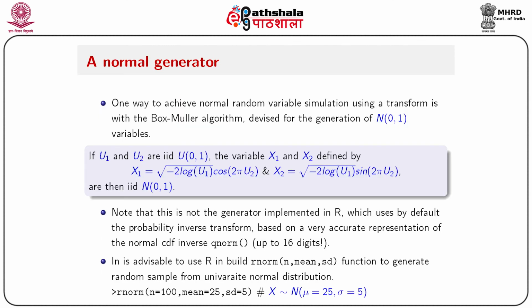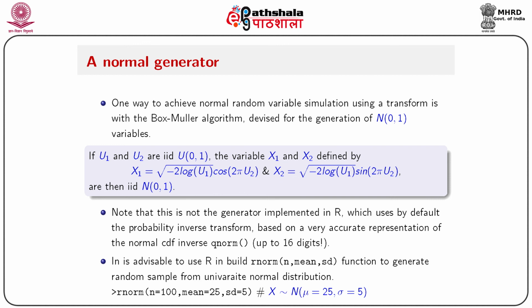A normal generator. One way to achieve normal random variable simulation using a transformation is the Box-Muller algorithm, a generator of normal 0 1 variables. If u1 and u2 are IID uniform 0 1, the variables x1 equals square root of minus 2 log u1 times cos 2 pi u2 and x2 equals square root of minus 2 log u1 times sin 2 pi u2 are then IID normal 0 1.